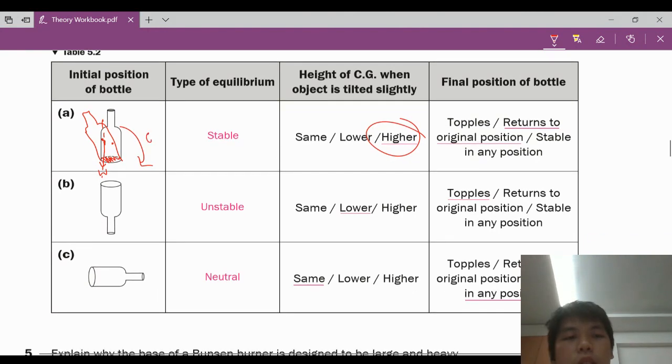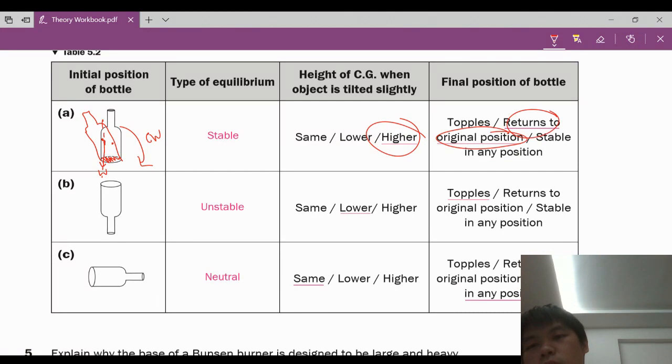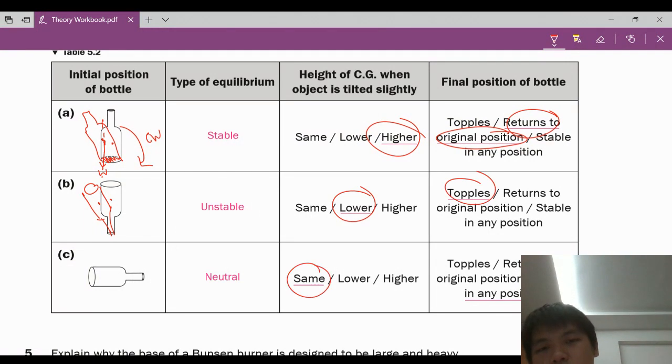This is clockwise. In this case, it will return back to its original position. So it's stable. Next, it is unstable. Why? Because the height of the CG when it's tilted will be lower. So imagine if I tilt it, center of gravity here. Now the center of gravity is slightly lower, so it will topple. Next one is neutral, because the center of gravity stays the same, stable in any position.